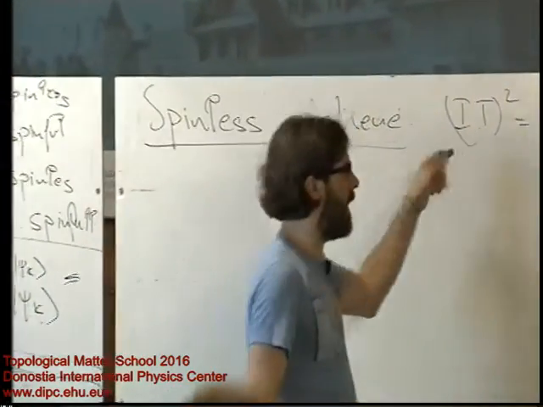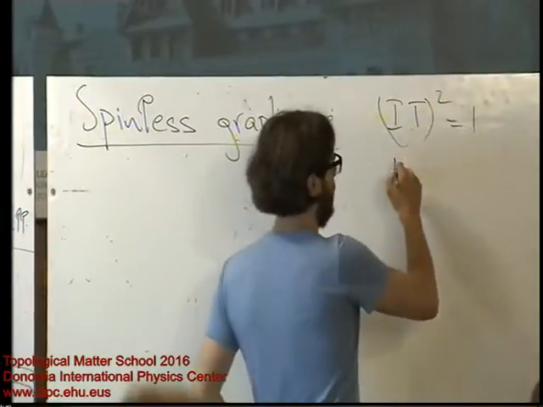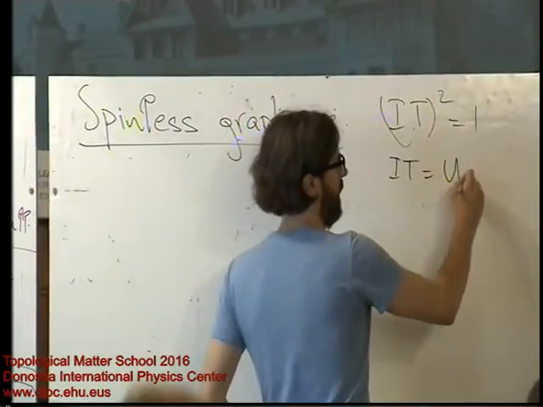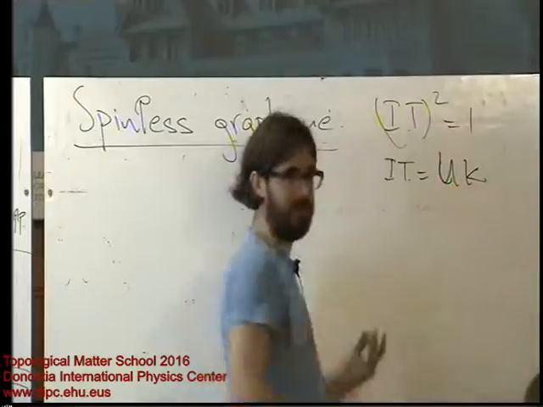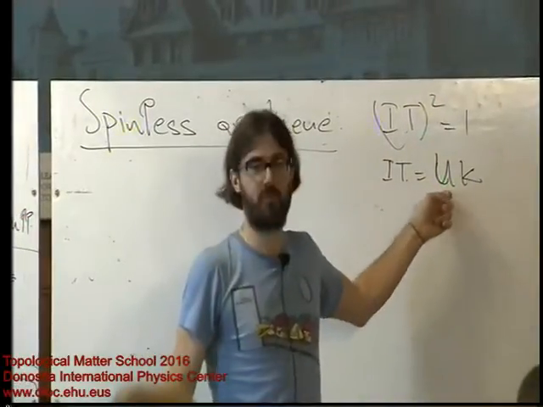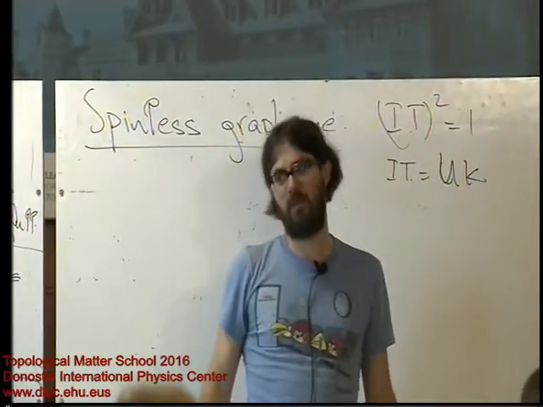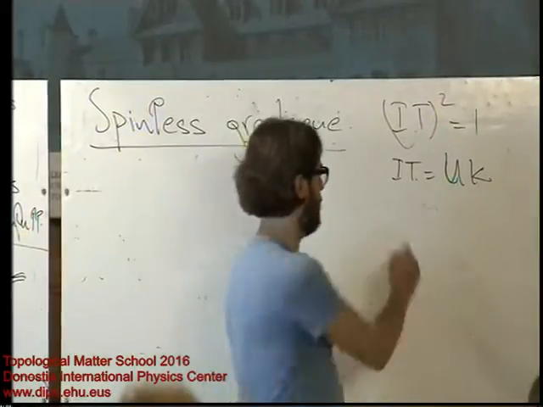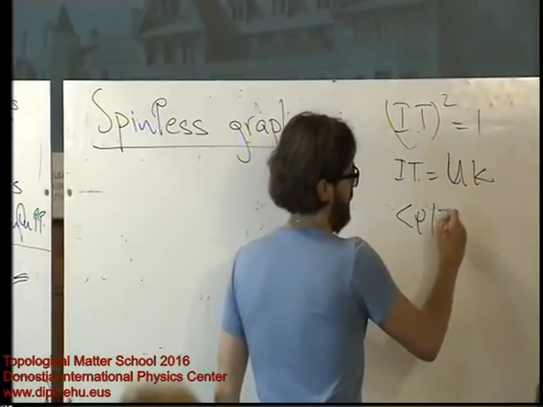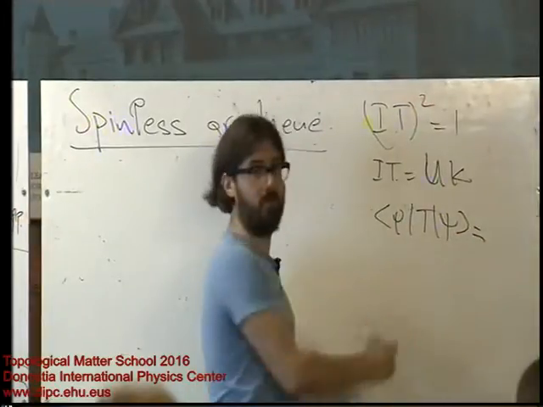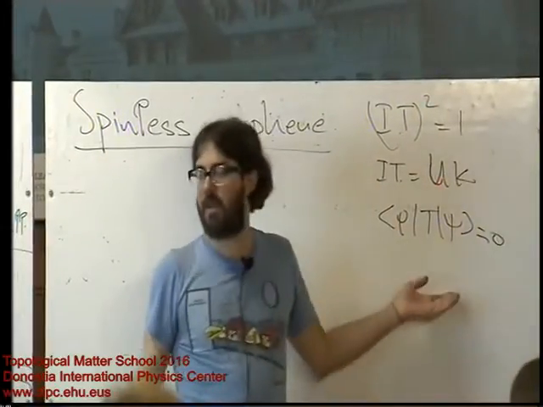If it squares to 1, this matrix U, if I say I times T is U times K, time reversal still has complex conjugation. Is this matrix U anti-symmetric? Symmetric. If it's symmetric, can you say that psi is 0? You can't say anymore.